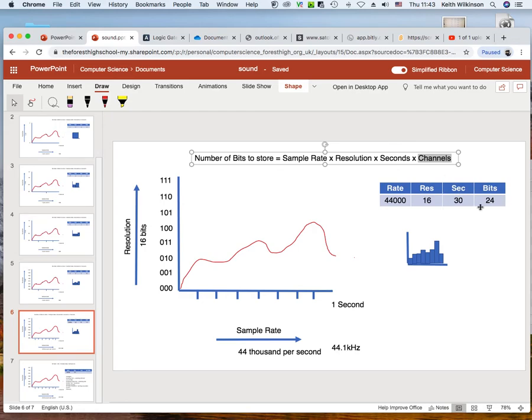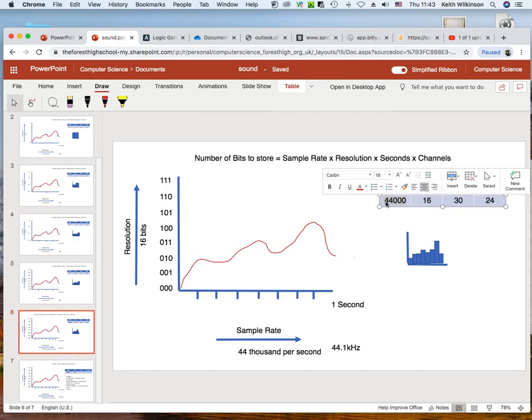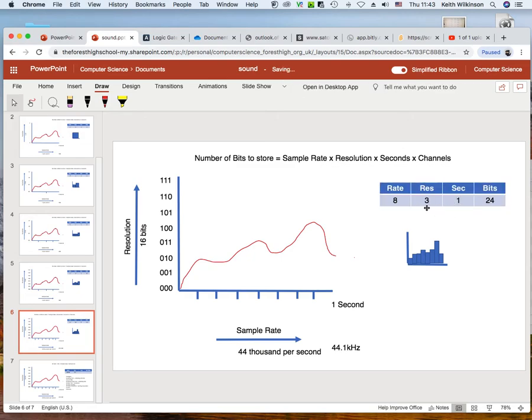So if this stores 24 bits, but if I want to do it in stereo, and that wasn't for that calculation, what did we have? We had a sample rate of, I think it was 8, and a resolution of 3 for 1 second. We had 24 bits stored.